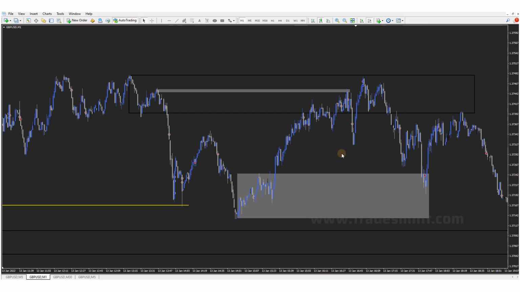And what happened with my marked supply now on the M1? I can recognize this move. Yes, this is the compression, but not finished, without the strongest push to the upside. Even price made the equal highs.